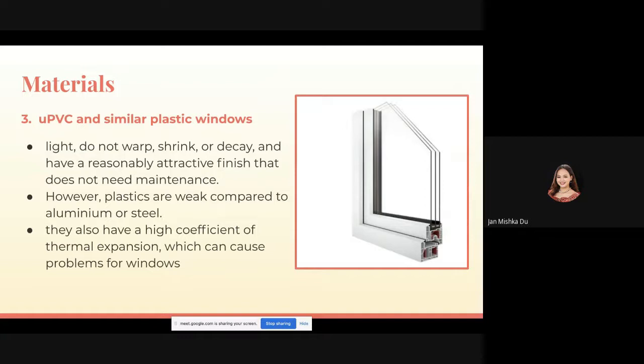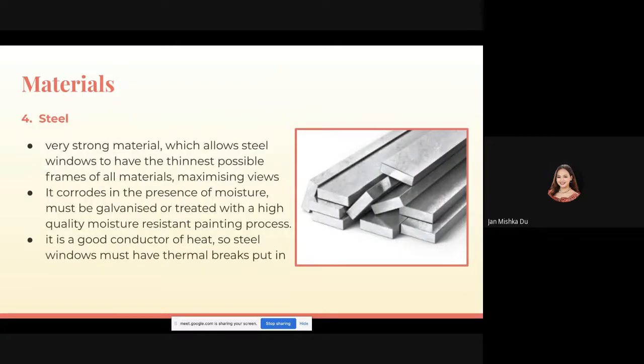However, plastics are weak compared to aluminum or steel, and they also have a high coefficient of thermal expansion, which can cause problems for the window. So it can be deformed in exposure to high heat.